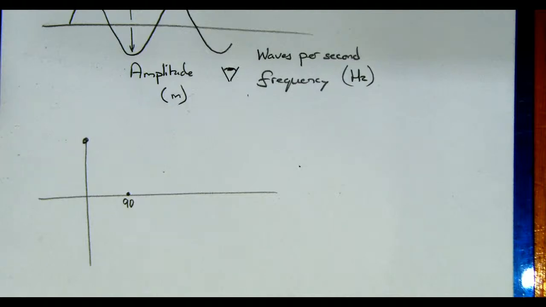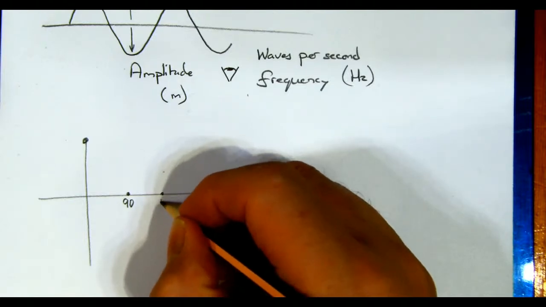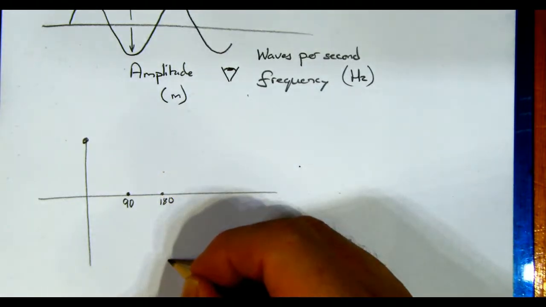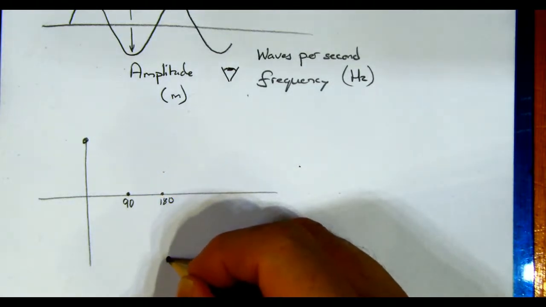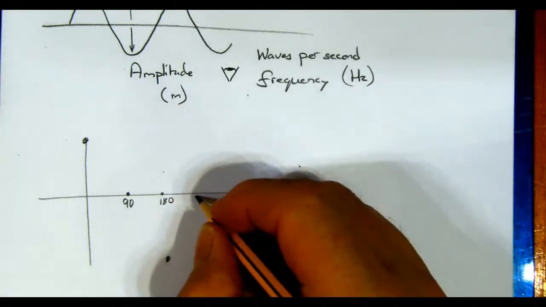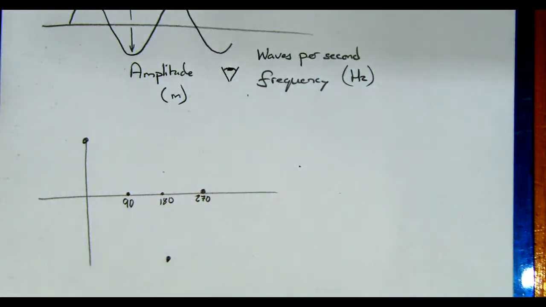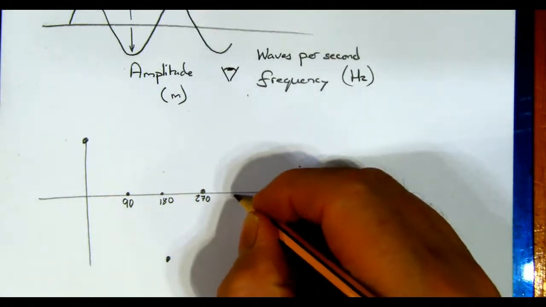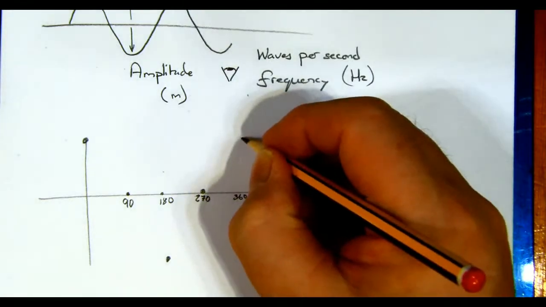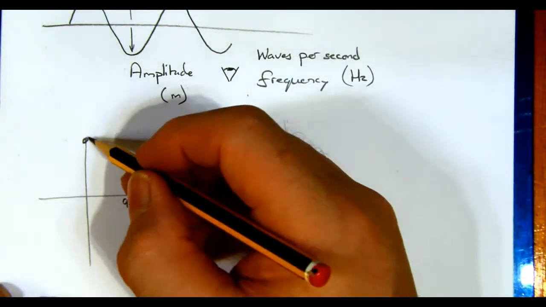If I move it to 180 degrees, it's fully down. 270, it's on the rise again, back to 360, where it's back at the top. And that's just measuring 4 positions.